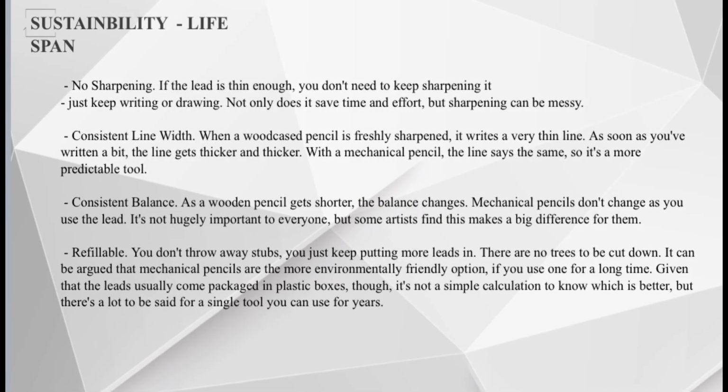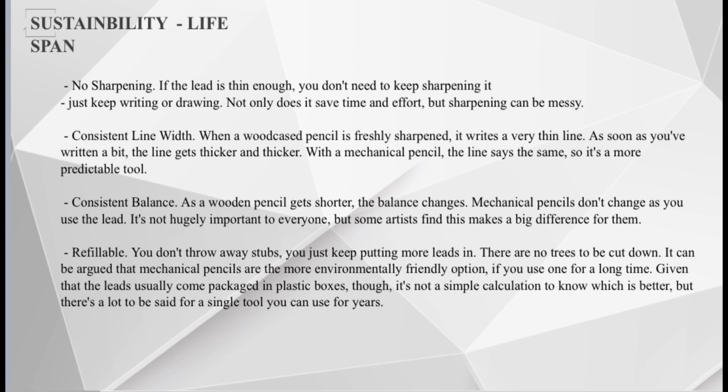Sustainability, lifespan. No sharpening. If the lead is thin enough, you don't need to keep sharpening it. Just keep writing or drawing. Not only does it save time and effort, but sharpening can be messy. Consistent line width. When a wood case pencil is freshly sharpened, it writes a very thin line. As soon as you've written a bit, the line gets thicker and thicker.